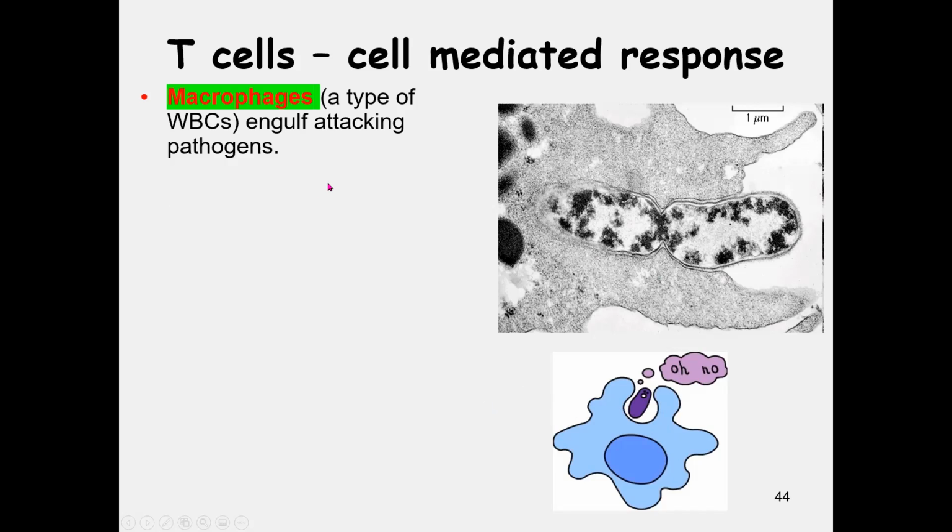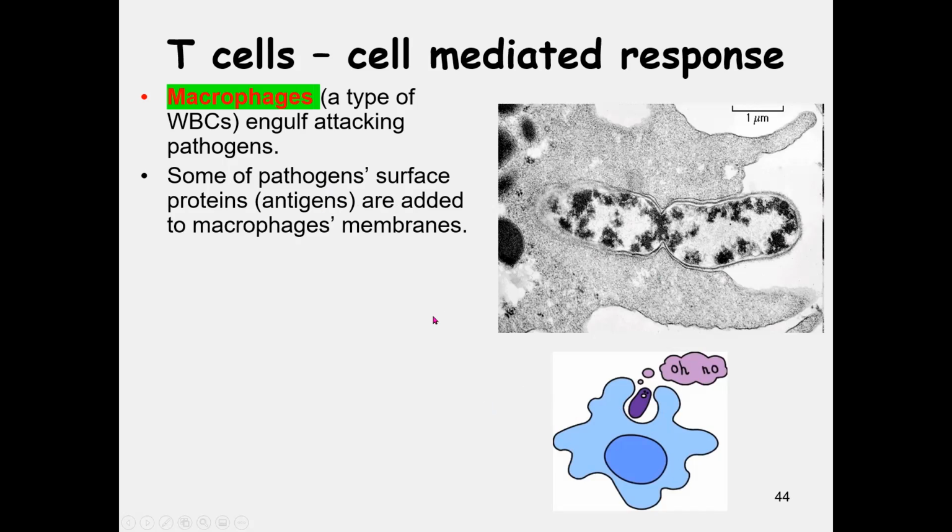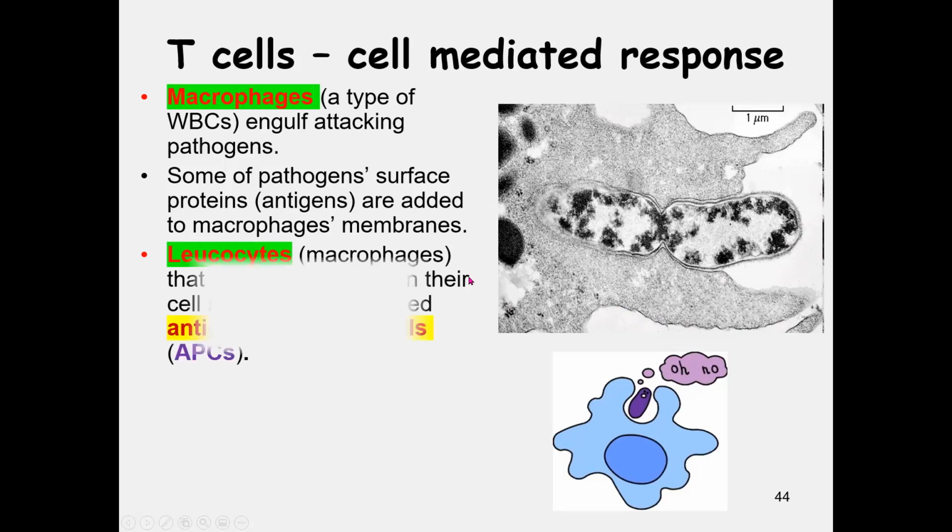So they engulf the bacterium or whatever's attacking it. And then once it's in there, they take it apart, and some of the surface proteins, the antigens, from this pathogen are removed and put on the surface of this white blood cell, on their membrane.